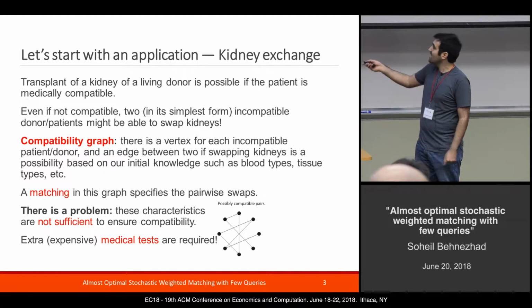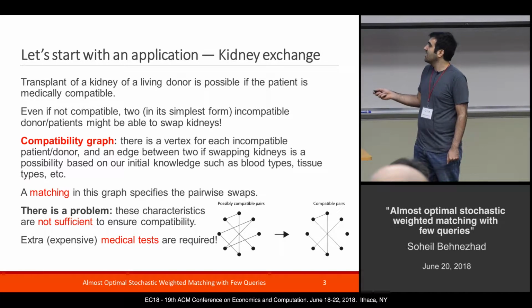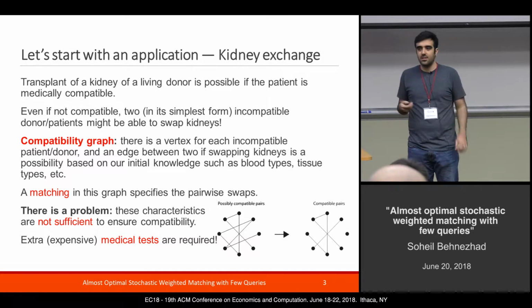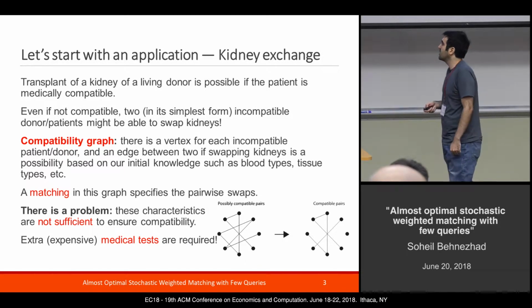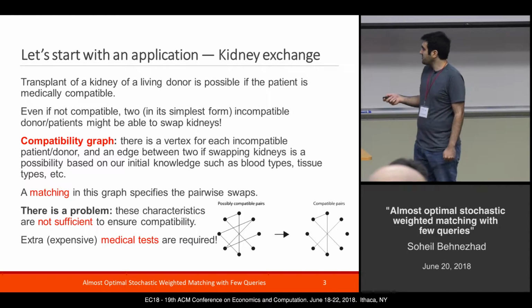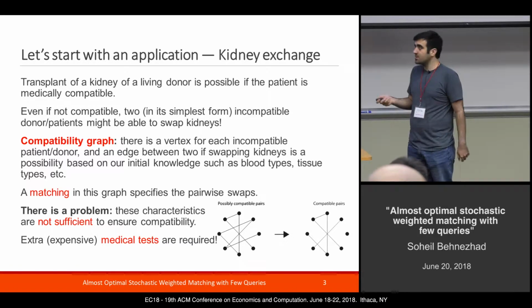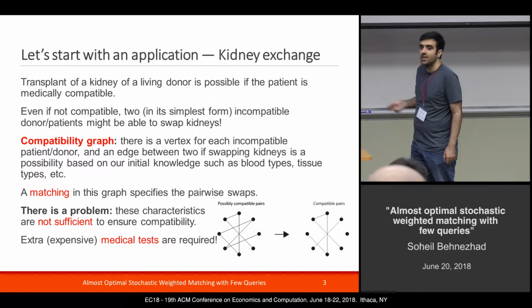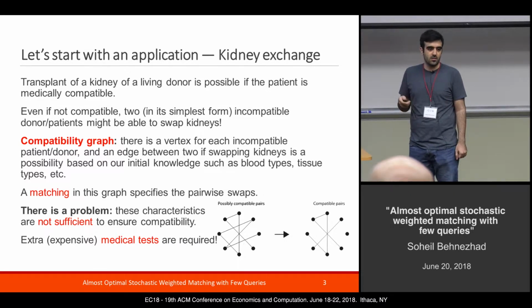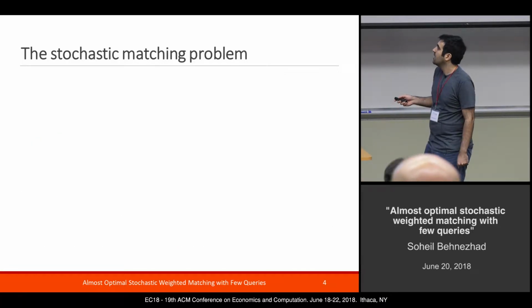So the actual compatibility graph is much sparser than the graph that we, at the first stage of the algorithm, think the compatibility graph is. And what we can do is query each edge to see whether it really exists in the graph or not. OK.